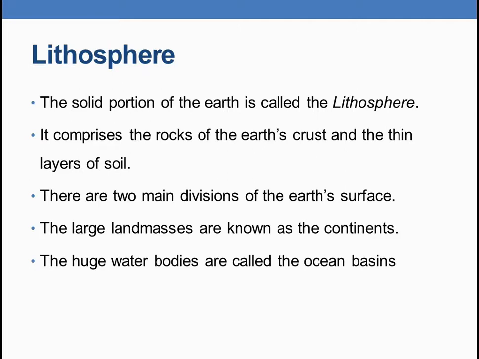Next, let's see the lithosphere. The solid portion of the earth is called the lithosphere, and it comprises the rocks of the earth's crust and the thin layer of soil.